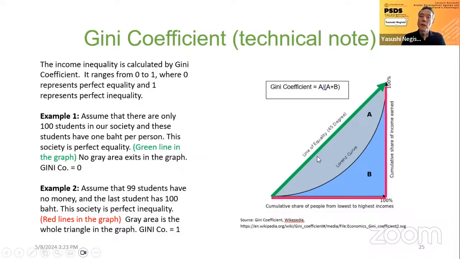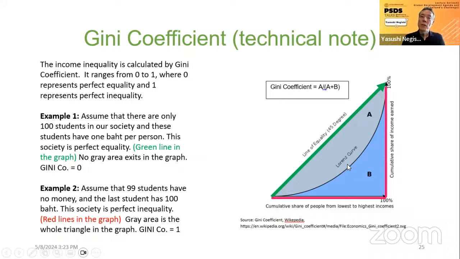And this coefficient measures the area of the gray area divided by this triangular area. If the line goes this way, highly unequal, then the coefficient becomes close to 1.